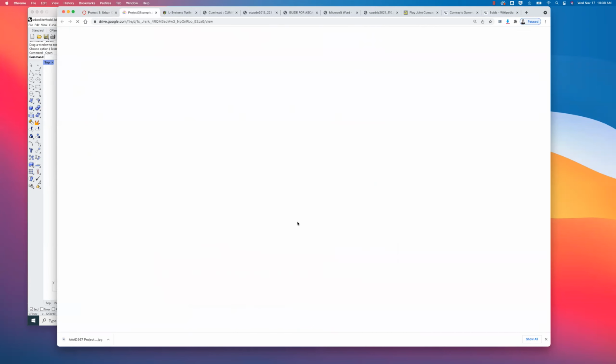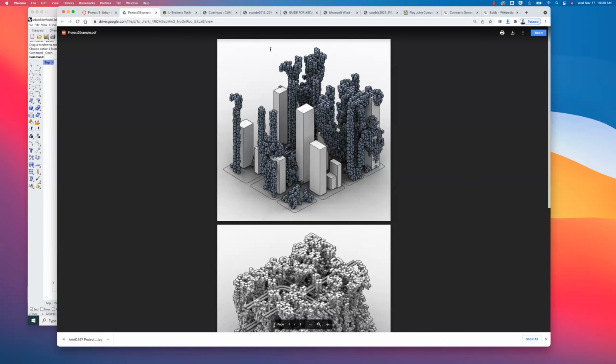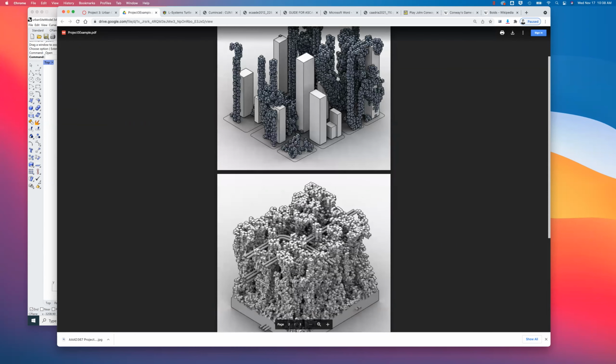Here's kind of what the final results will look like. You'll do 2 of these, and we'll do these in class. You'll be given an urban environment that I'll show you in a moment, and then you'll be given a Grasshopper definition that you can run with Rabbit. Then you tick the slider or let the timer go and watch this thing build up vertically.